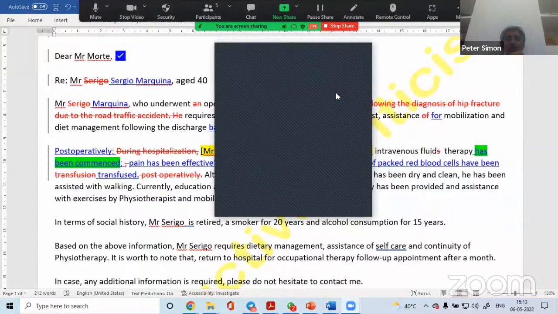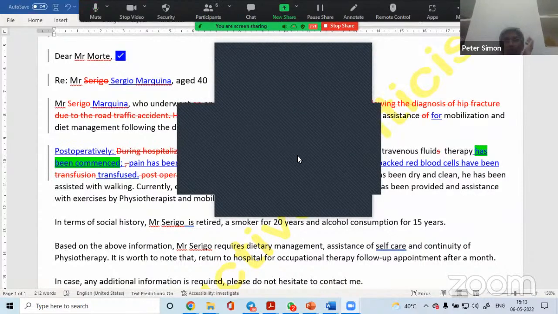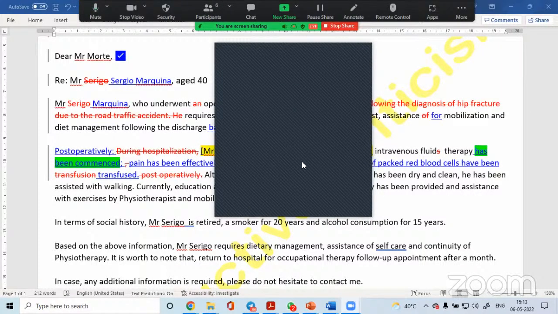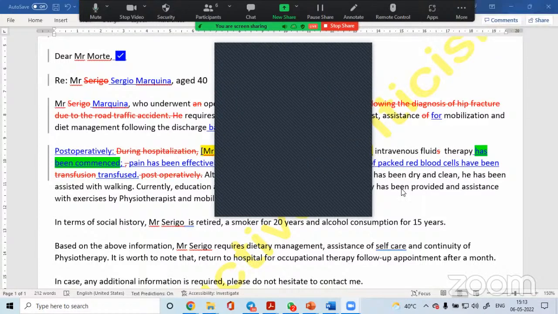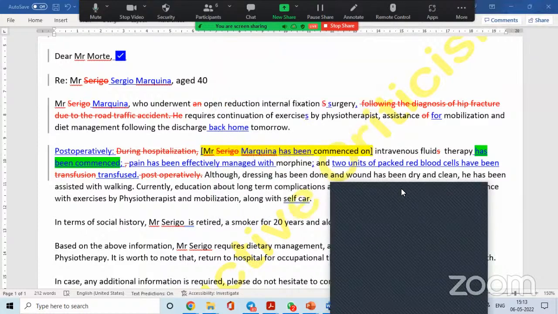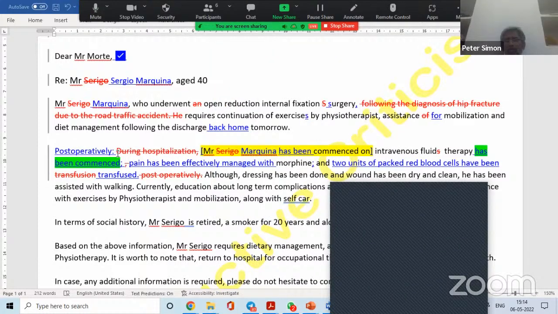Is that clear? Are you happy with the explanation or are you getting confused? No, it's clear. Just put colon and semicolons.